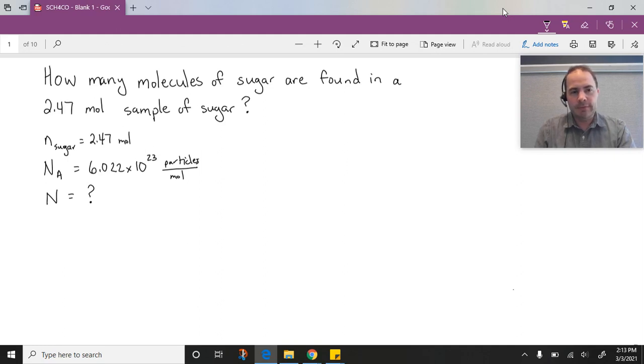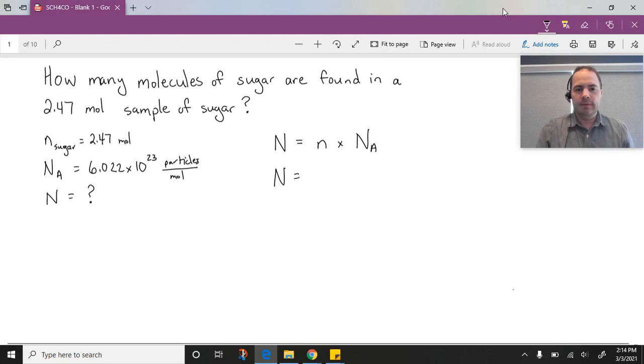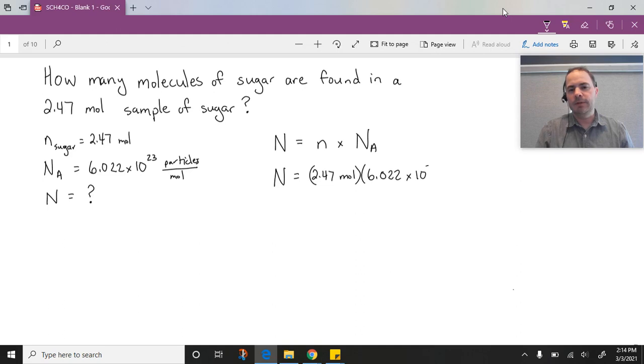So when we go to solve this problem, just like how we laid it out in the note, the number of our sugar molecules, so our number of particles, equals the moles times Avogadro's constant. So we can find that number of particles by multiplying 2.47 moles times our Avogadro's constant, which is 6.022 times 10 to the 23.